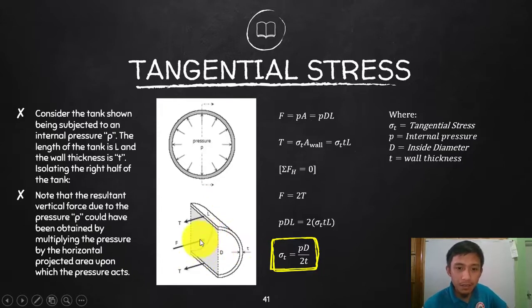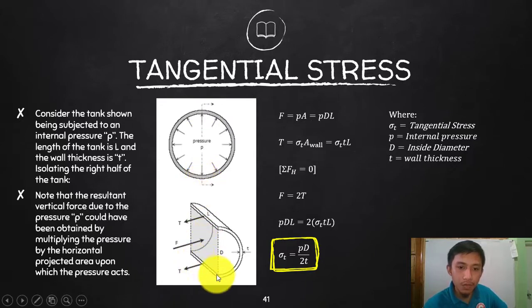So that is the area, D times L. So pressure p, whatever value will be given on a certain problem, then you can calculate the force F, which is handled by this thin wall. That is the equivalent force being carried by that wall. Since I cut this one exactly in half, I will expose there two areas: the area of the wall on the top and the area of the wall here below.